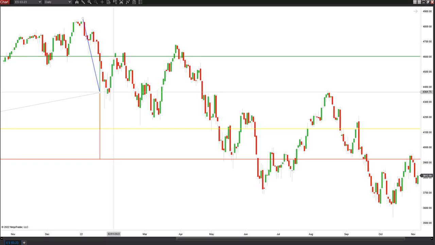So if I measure to the lowest close, which is the red candle right here by my crosshair on the cursor, that puts me back up at a more respectable point for that to catch that retracement.